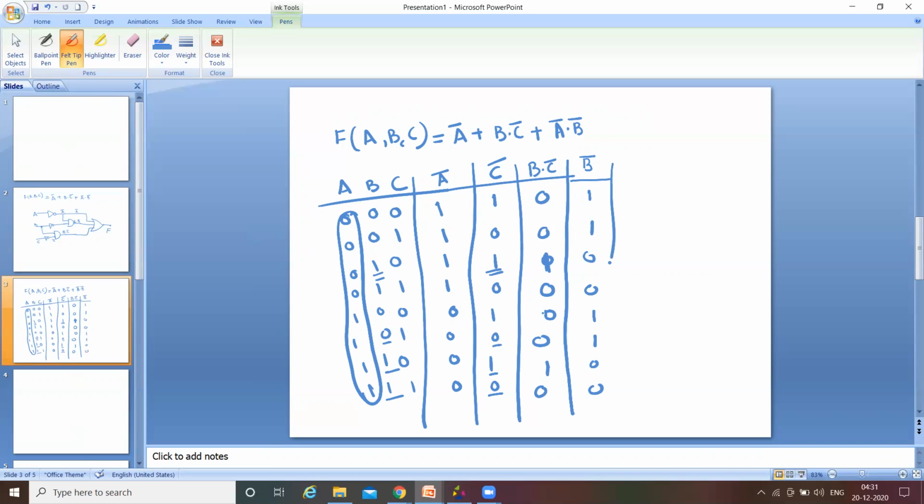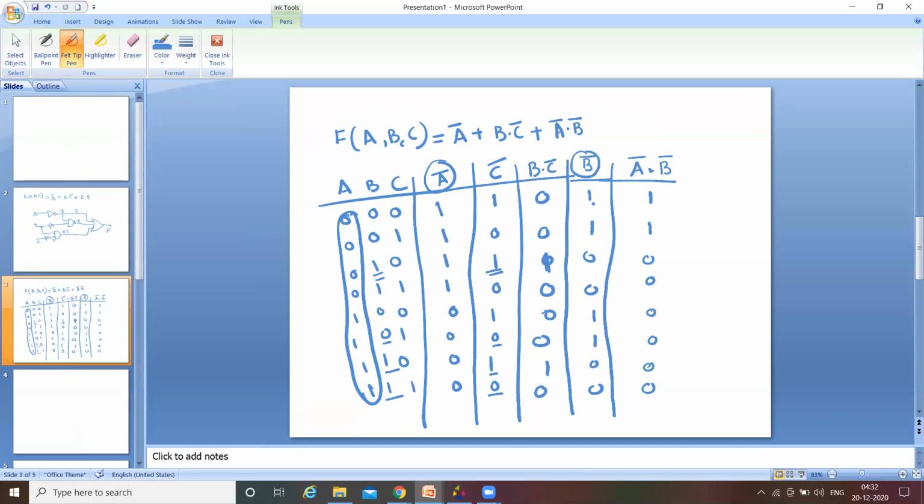Now we get A bar dot B bar. Here I have A bar, now B bar, and in between is the AND operation. When both are 1, it becomes 1. Both are 1, it becomes 1, and the rest are 0. This is a truth table representation.